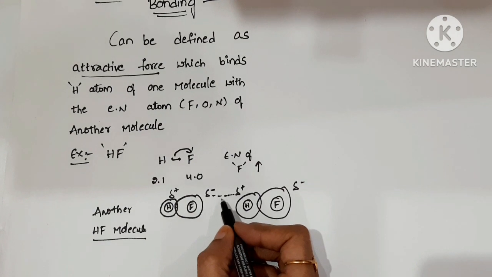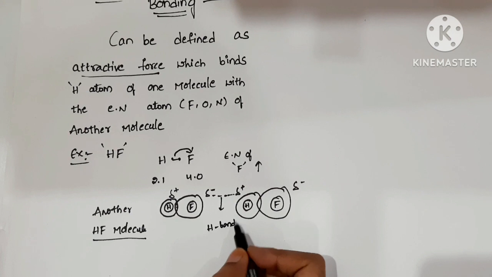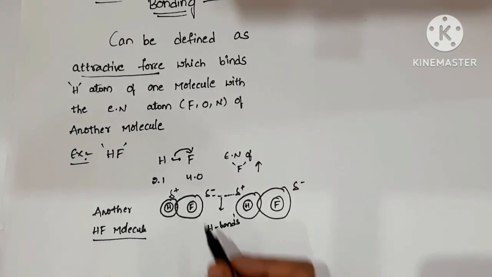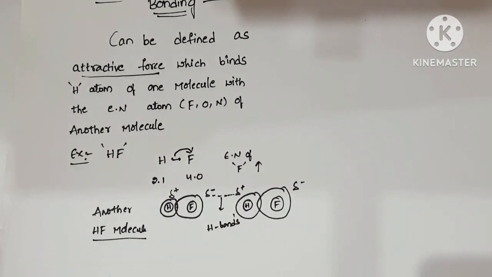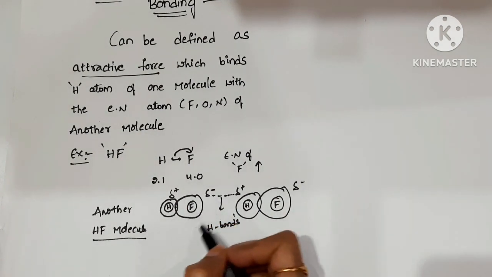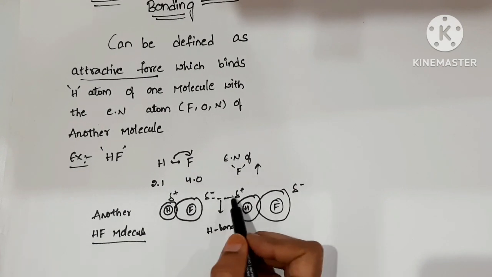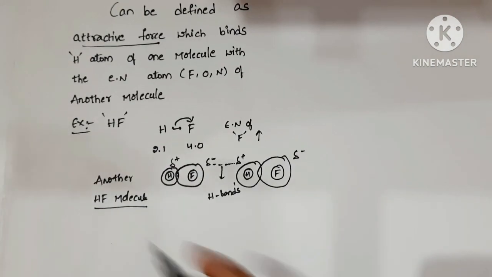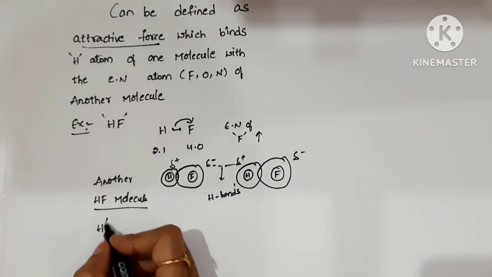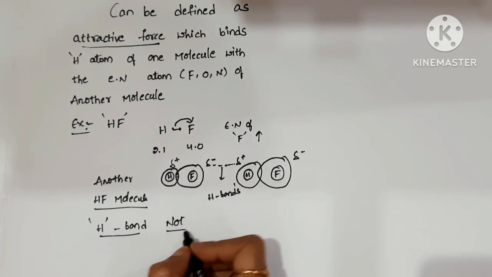These dotted lines are the hydrogen bonding, that means the attractive force between the two molecules. Hydrogen bond is not a chemical bond.